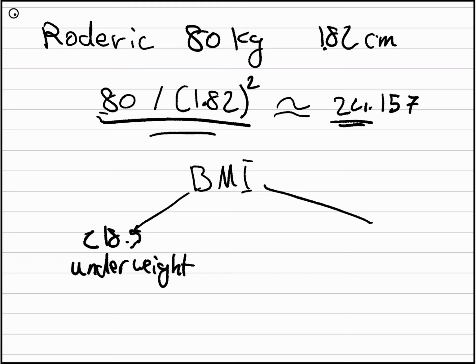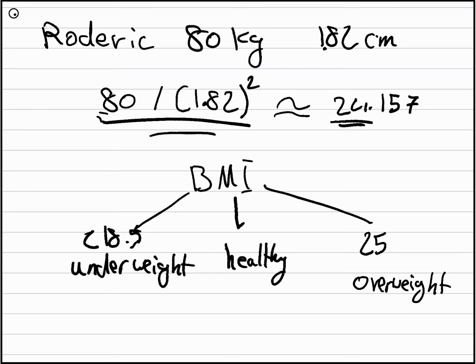A BMI of over 25 is considered overweight. Anything in between these two is considered healthy. And I believe over 30 is considered obesity, essentially. 25 to 30 is overweight. Does that make sense? Makes sense.